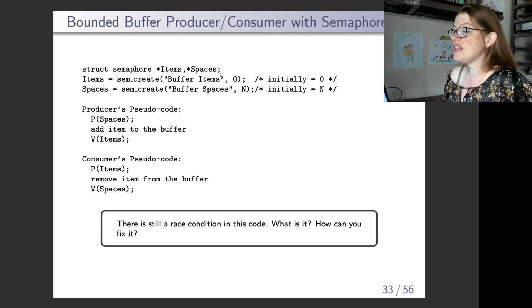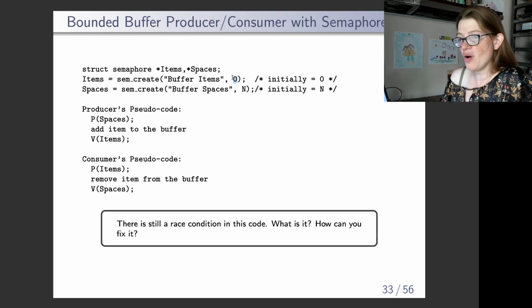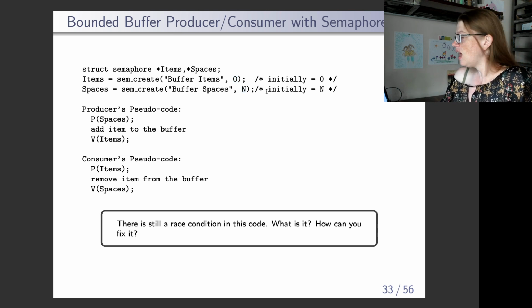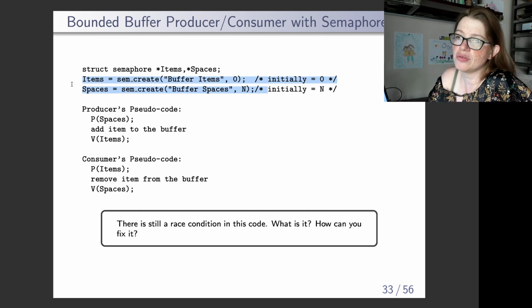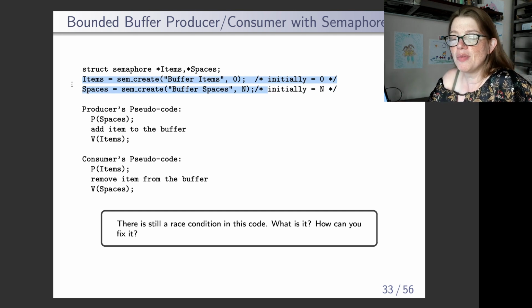Now, you'll note that when we start out, we have no items in the buffer and we have n free spaces. A lot of people ask me, why don't we just use a single semaphore and check its counter? Well, number one, semaphore counters should be hidden from you. The reason for that is that in order for you to test the counter in a semaphore, you would need to use some kind of mutual exclusion to do so, which means you'd need another lock.